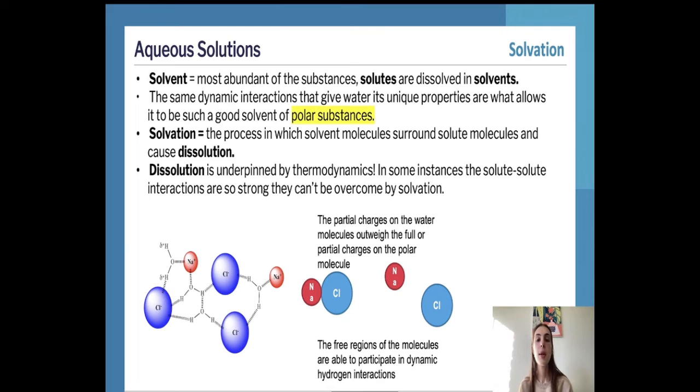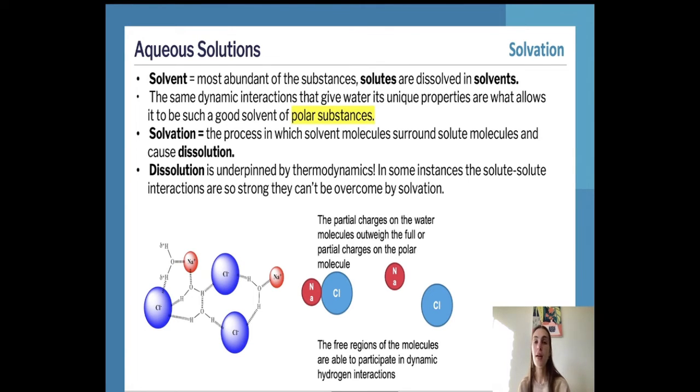So this is because we need to be able to break the solute to solute interactions in order to allow solvation to occur. So we will have some instances in which the solute to solute interaction is so strong that it cannot be overcome by solvation.